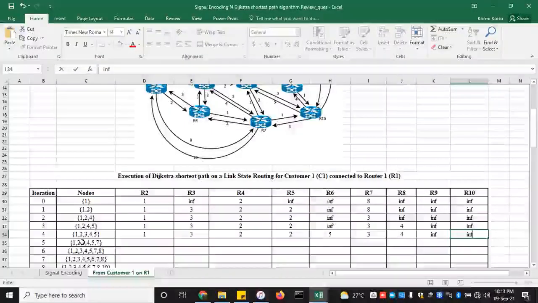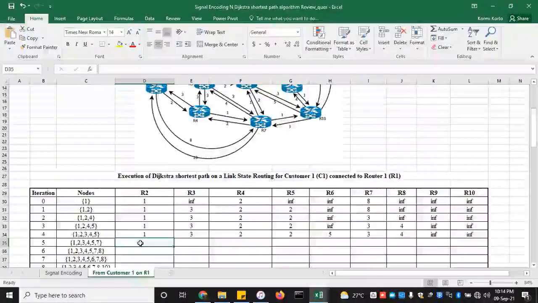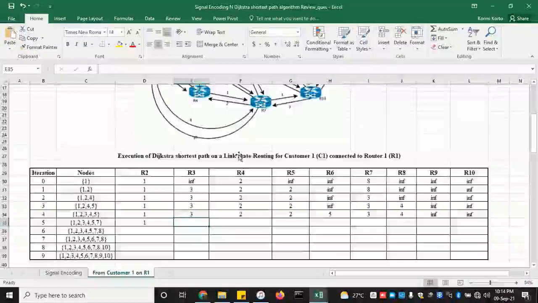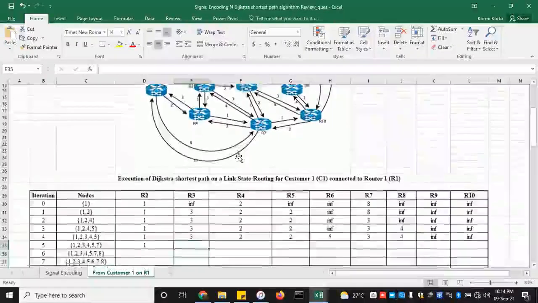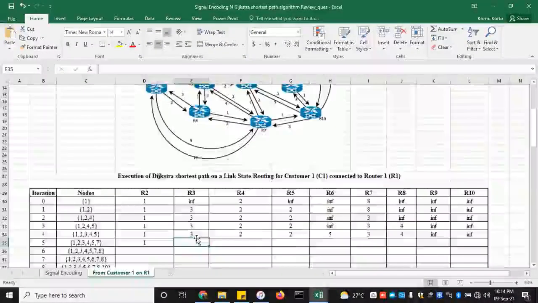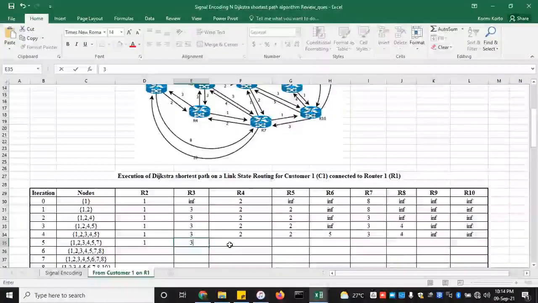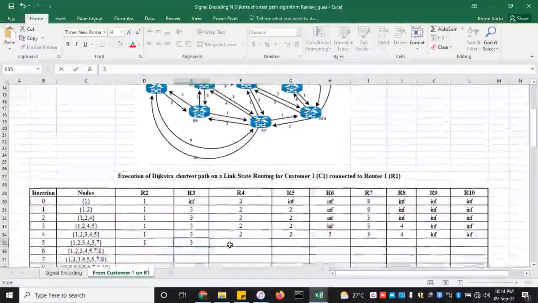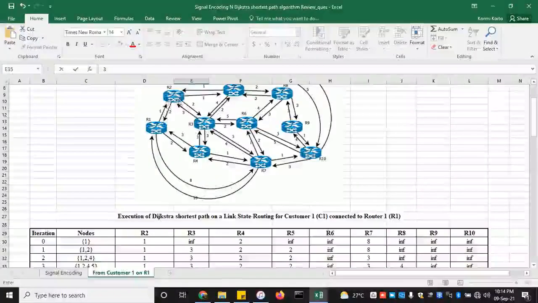Okay, so starting with router 2, it will still have 1, 3 with 7 inclusive. You still have the shortest path to get the message to it, just 1 plus 2, 3.